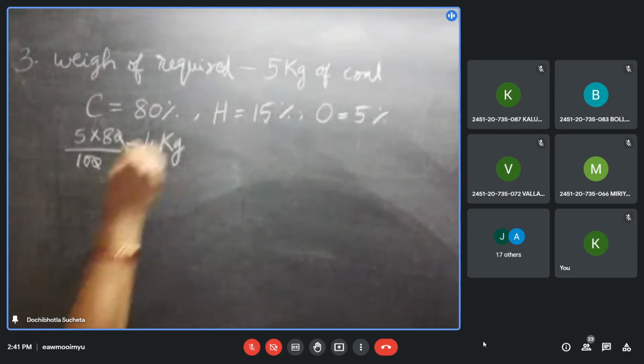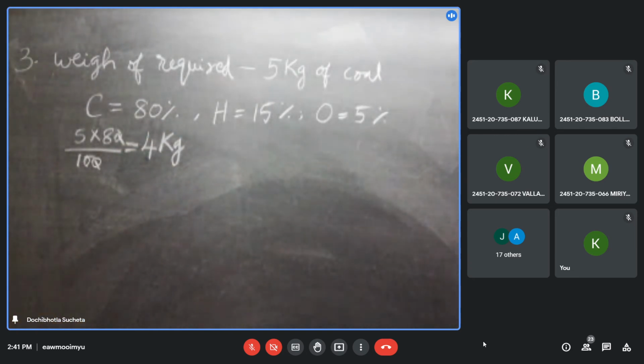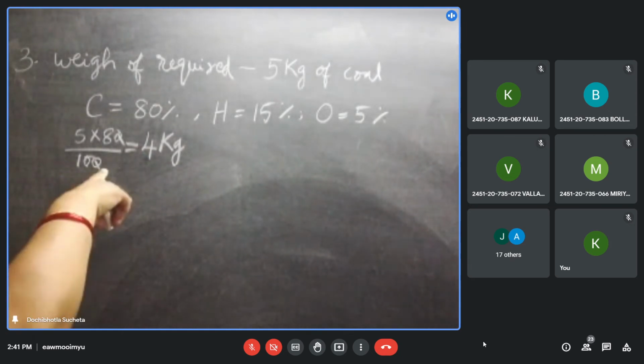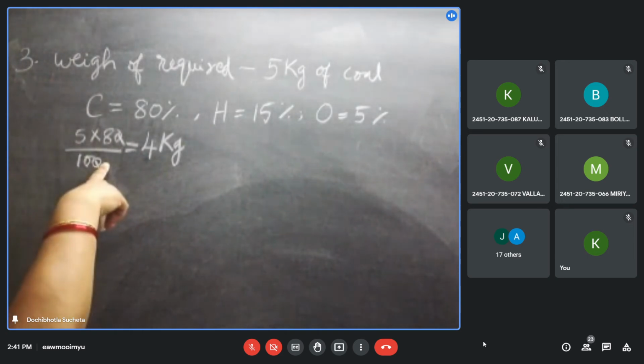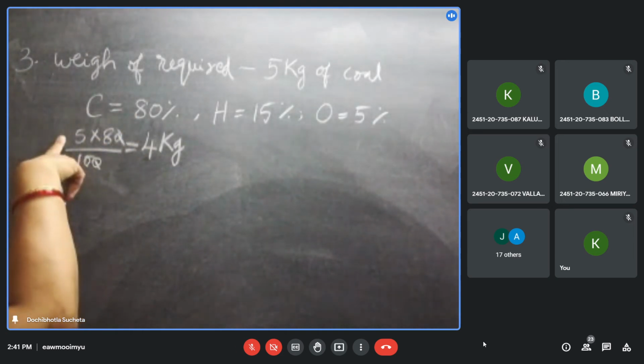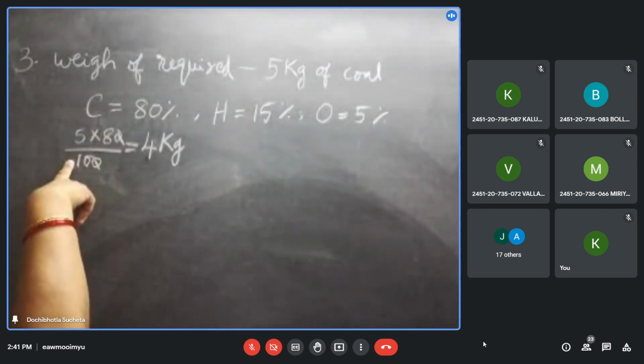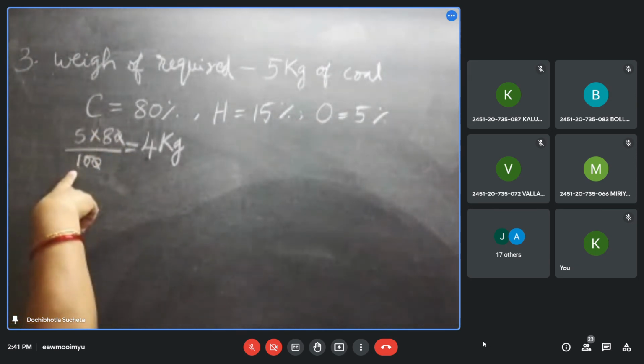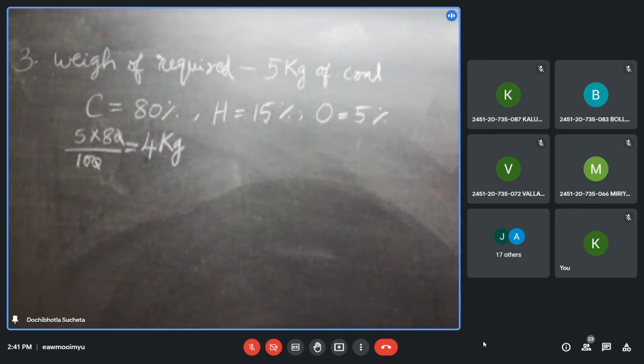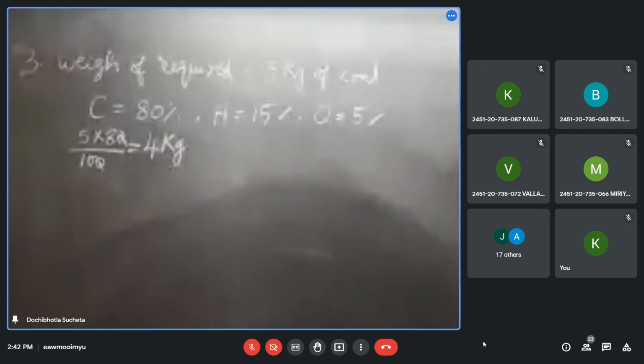I am converting the percentage into weight. That's the first step. So for 100 kgs, 80; for 5 kgs, how much? 5 into 80 by 100. That is 4 kgs of carbon is present out of 5 kgs of fuel.